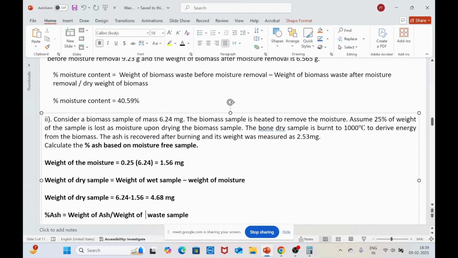The question is directed towards calculating the percentage of ash based on moisture free sample, so it will be dry.